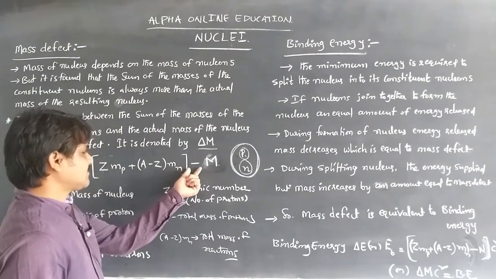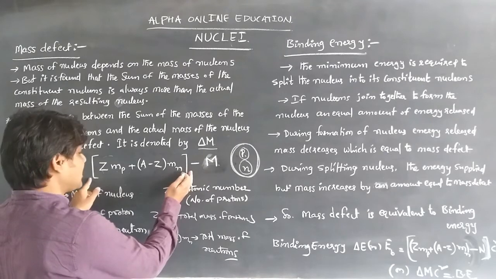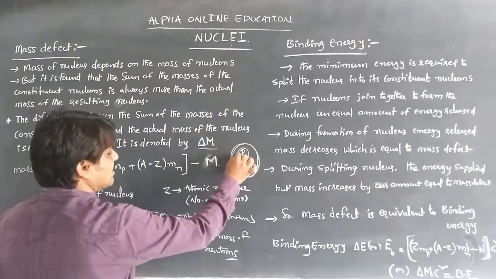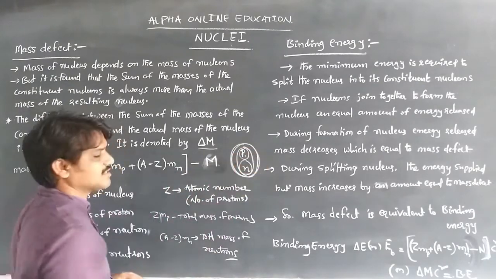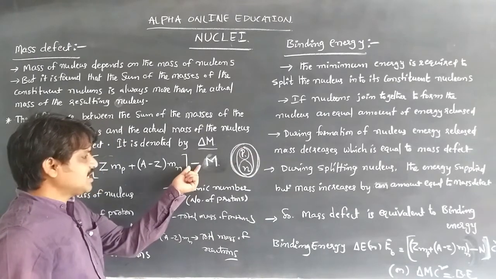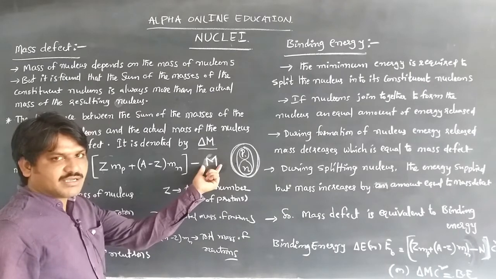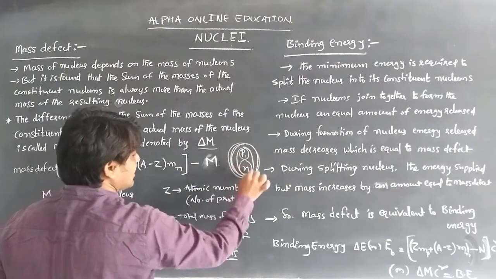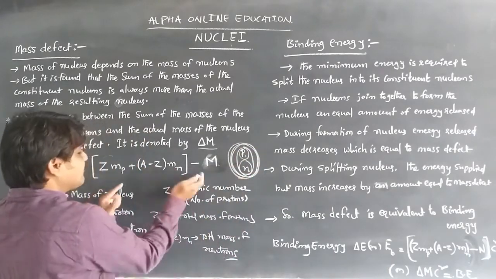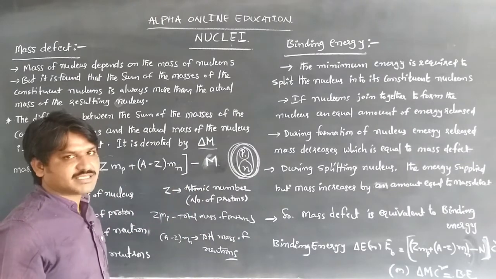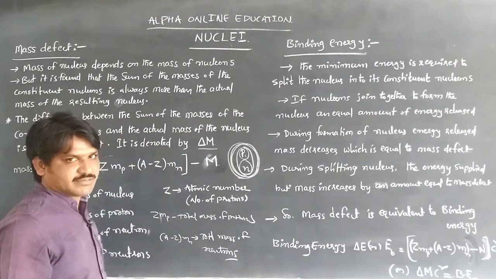Adding both gives the mass of the nucleons, and subtracting the total mass of the nucleus, the difference between them is considered the mass defect.